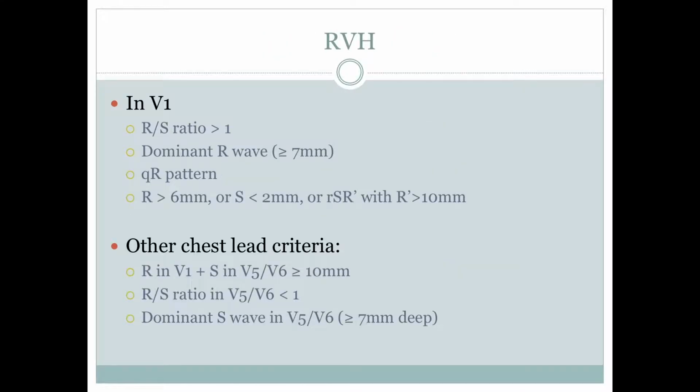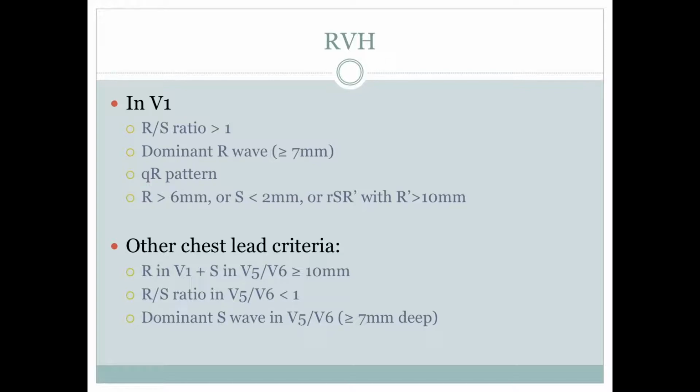So going into right ventricular hypertrophy, this is something that you look for in lead V1, and the things that will trigger you to think that there's a right ventricular hypertrophy is the R/S ratio is greater than 1. So basically, anytime the R wave is taller than the S wave is deep.